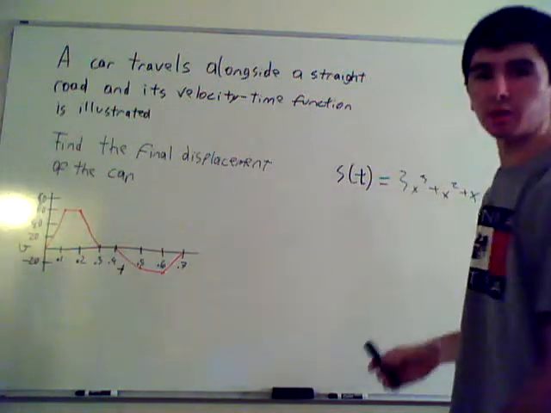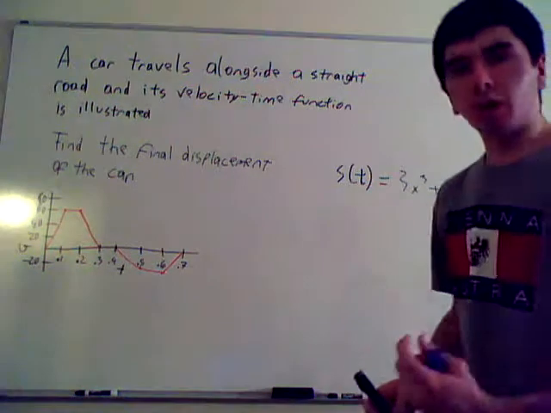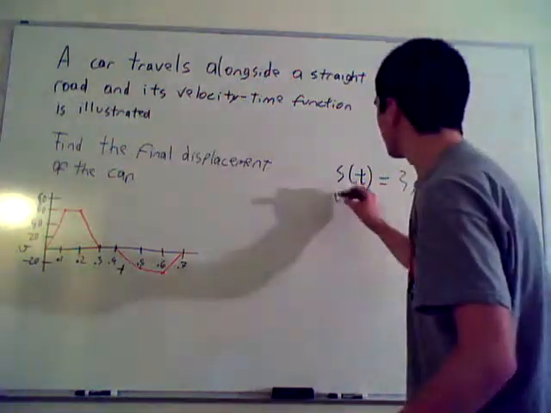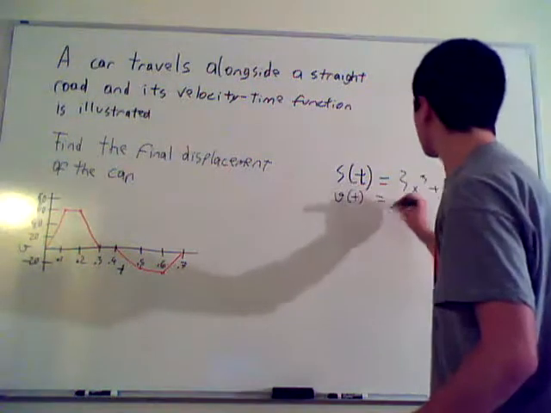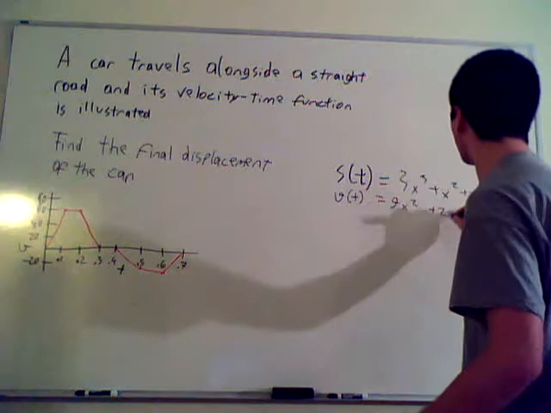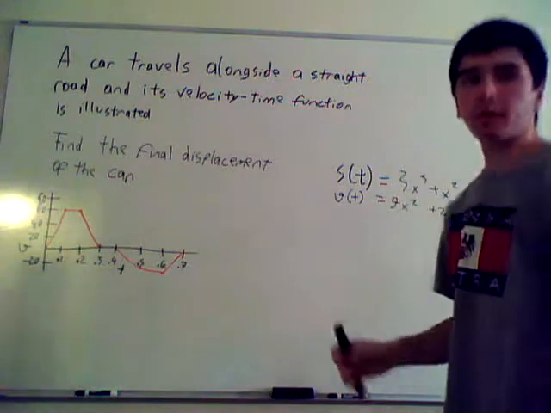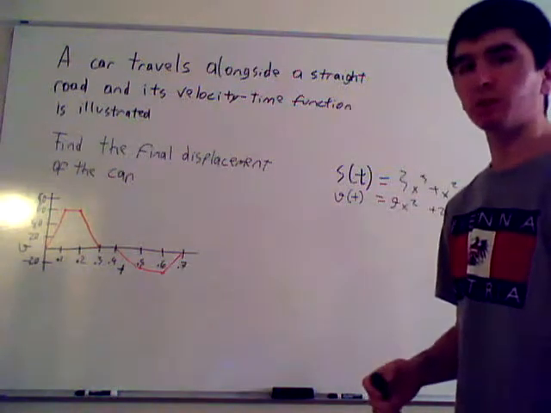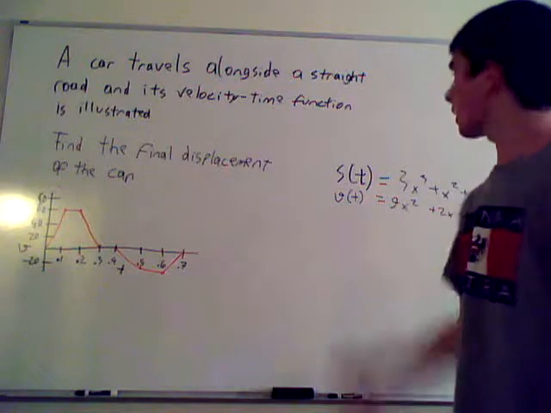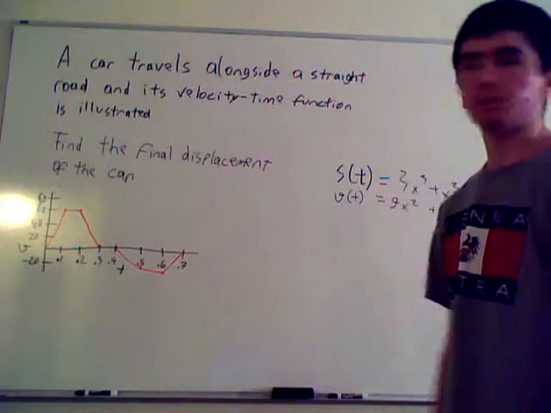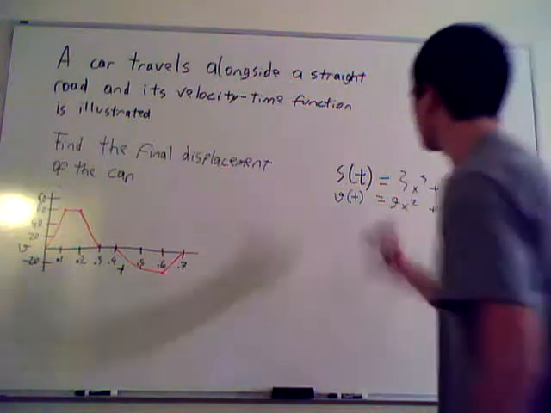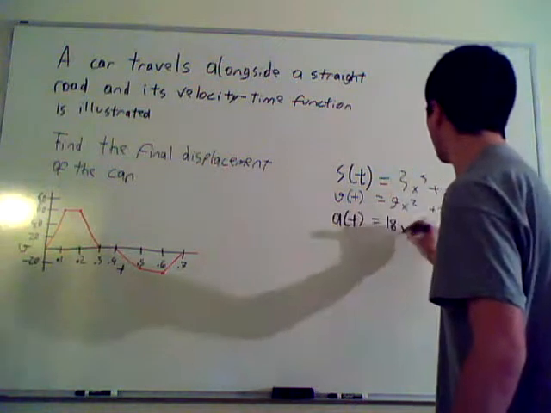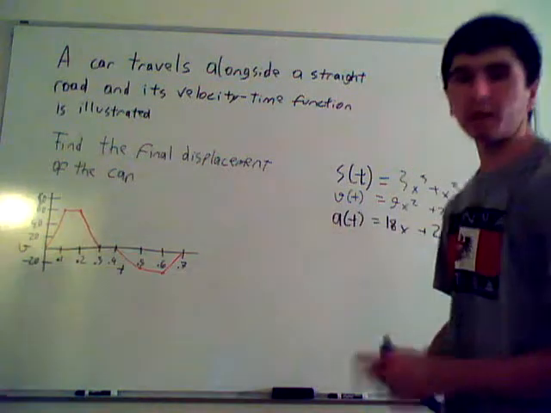Then to find the velocity, how fast it is going, you had to take the derivative. So velocity of t was 9x squared plus 2x plus 1. And then to find the acceleration, you took the derivative of the velocity function, or the double derivative of the displacement function. So a of t equals 18x plus 2.